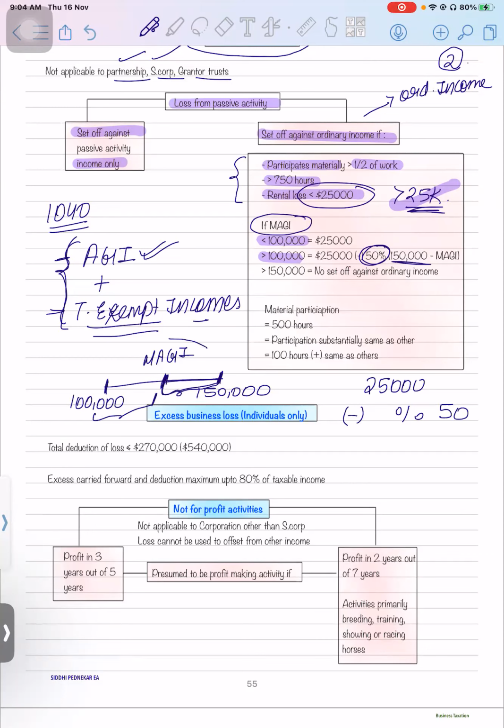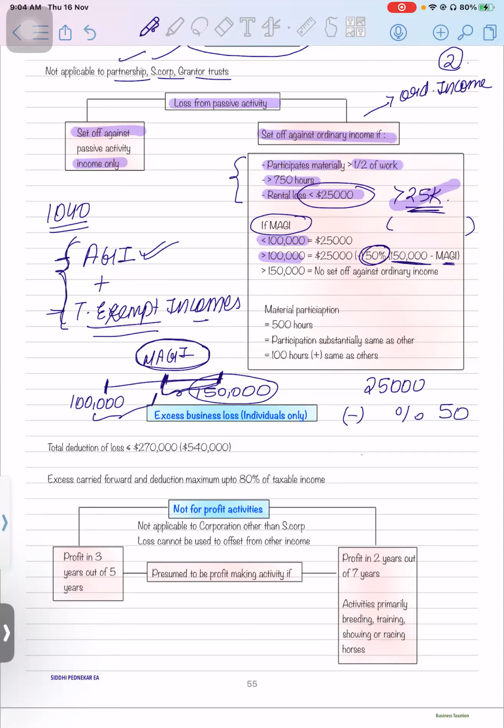Here you need to check the actual MAGI and what is your highest limit. Upper limit is 150. Take 50% of the difference between 150 and the actual MAGI. That much will be reduced from the 25,000, and the remaining amount you can get as a deduction from your ordinary income.